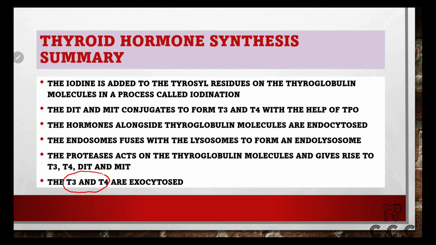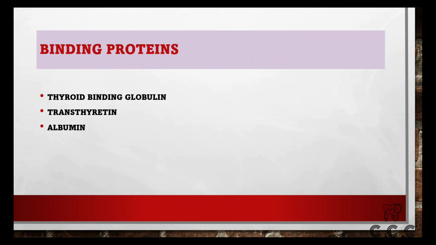T3 and T4 are exocytosed from the follicular cell into the circulation. Three important binding proteins we need to remember are thyroid binding globulin, transthyretin, and albumin.